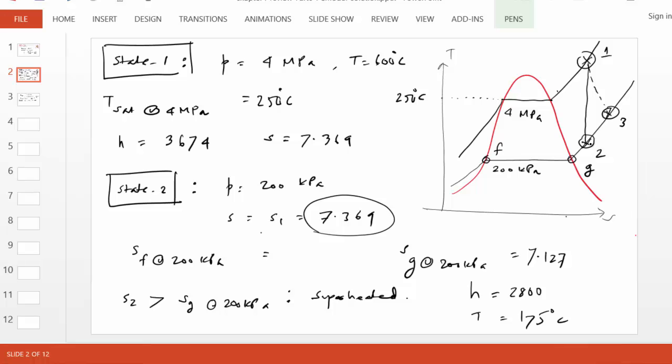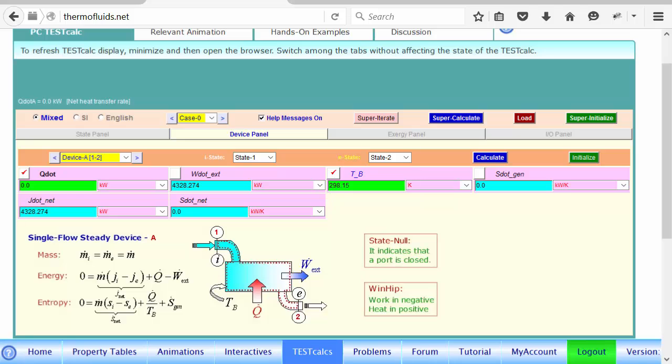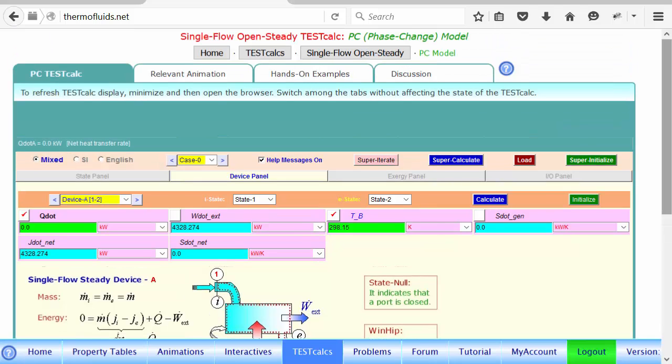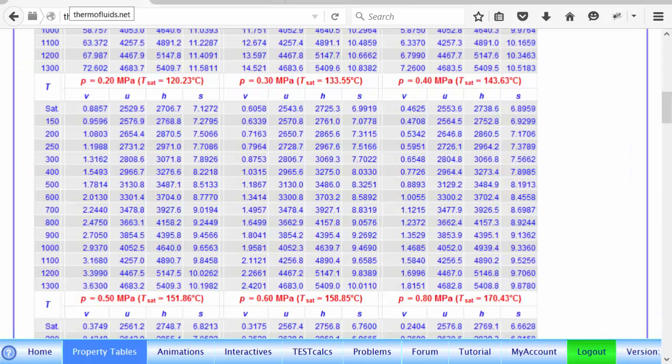So to find the enthalpy and entropy for this state, we go back to the tables, and this time it's the 200 kPa table right here. For 220 degrees Celsius, which is between 200 and 250, let's pick the enthalpy to be somewhere in between 2870 and 2900, let's say 2900.